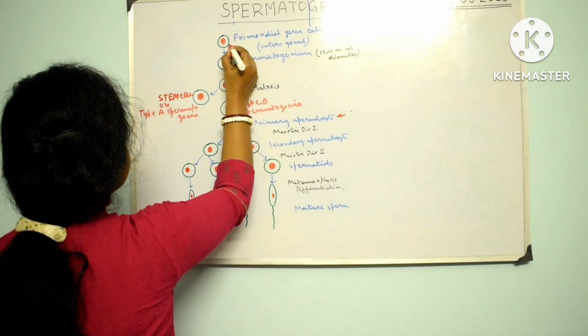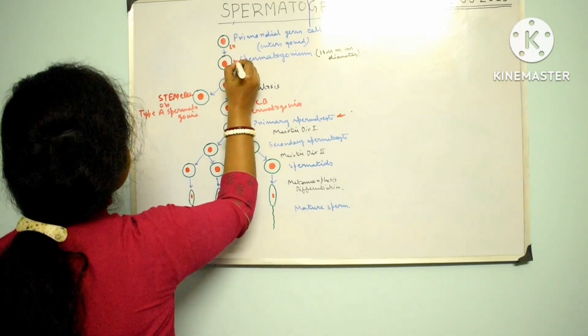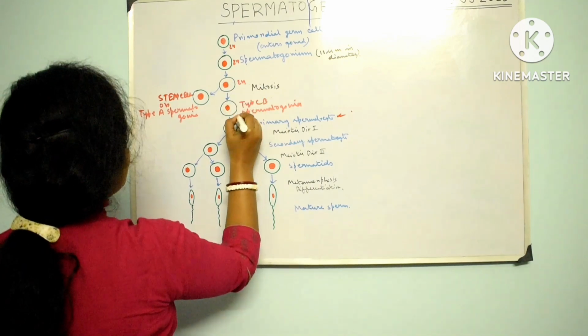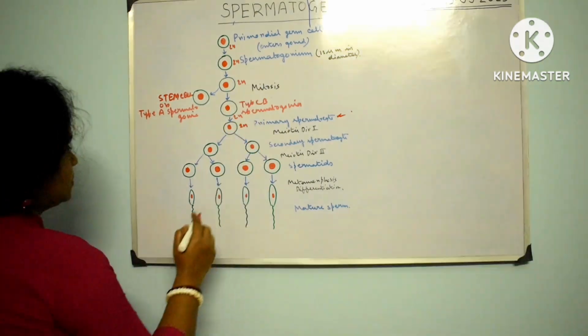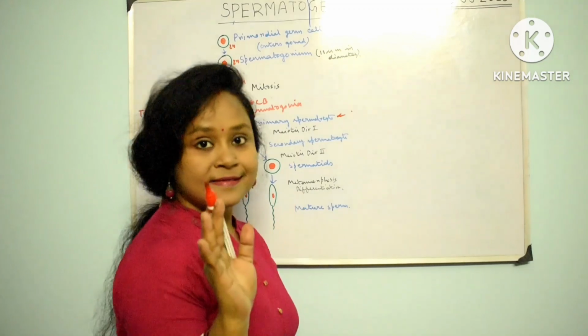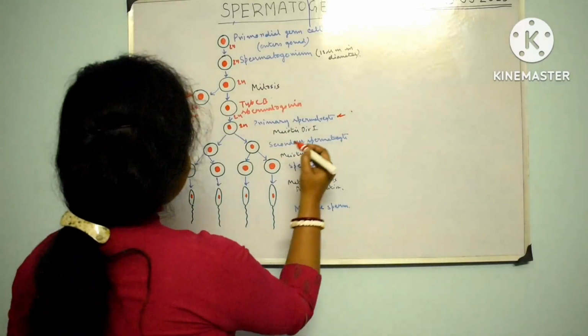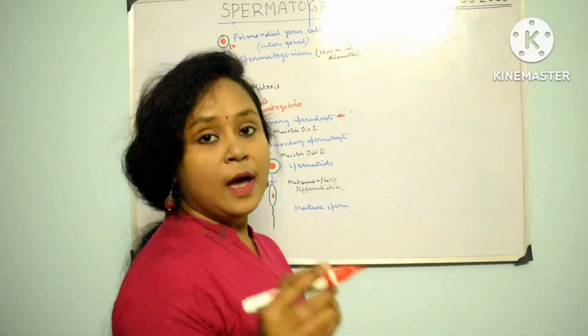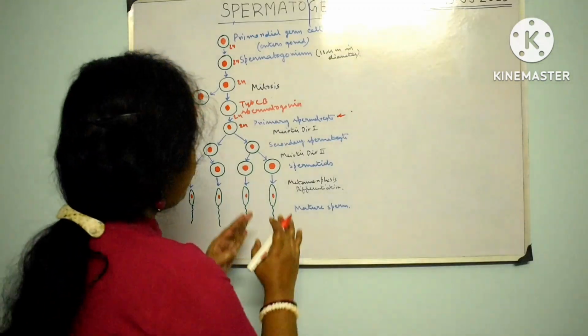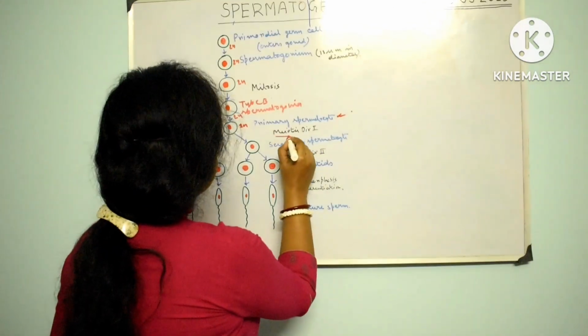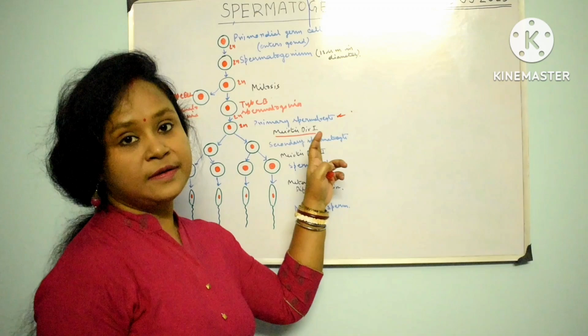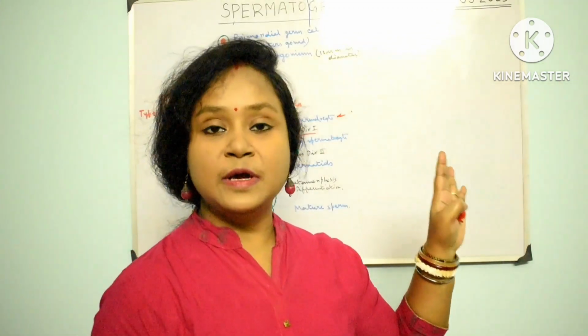All are here 2N, possessing a total of 46 chromosomes. Then it enters into meiotic division, the first meiotic division, meiosis 1. What happens in the first meiotic division?